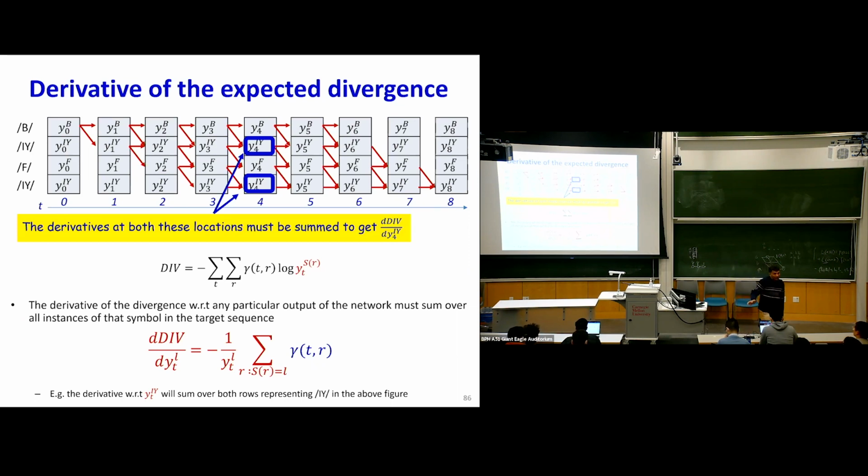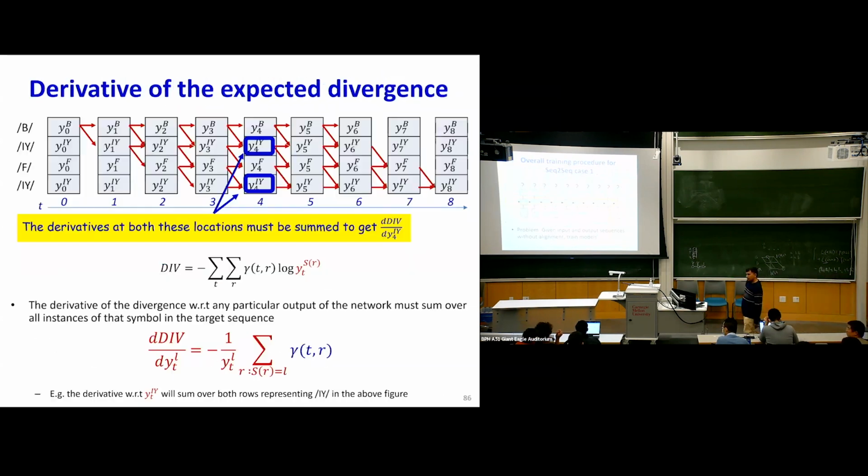Now you can go back and look at what happens when you are actually given the alignment. When you're given the alignment, this gamma is going to be 1 for one of them and 0 for the rest, because you deterministically know where a symbol was aligned. Here you're just spreading it out, but otherwise it looks exactly the same. Make sense?